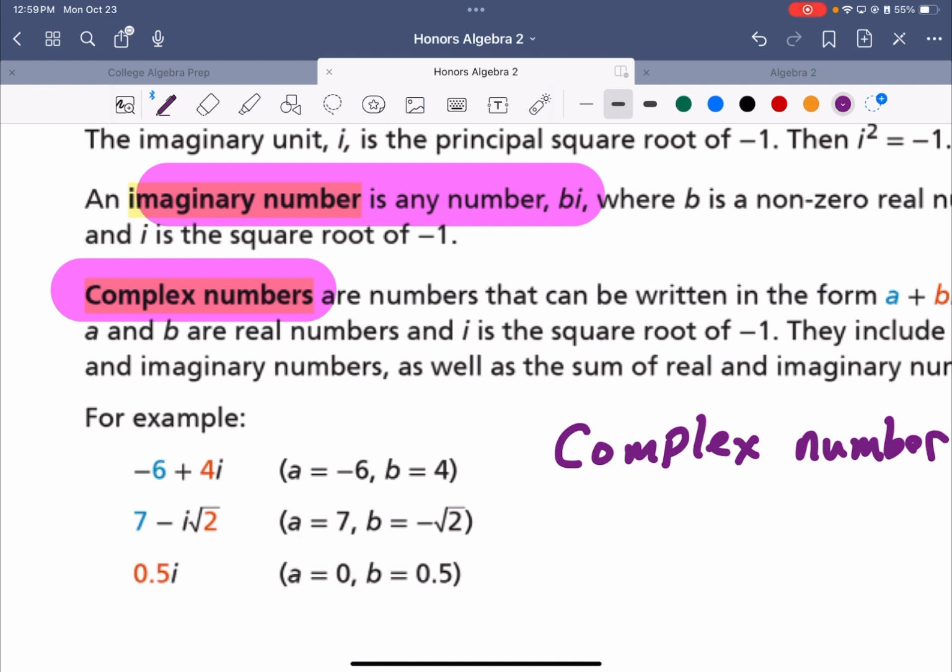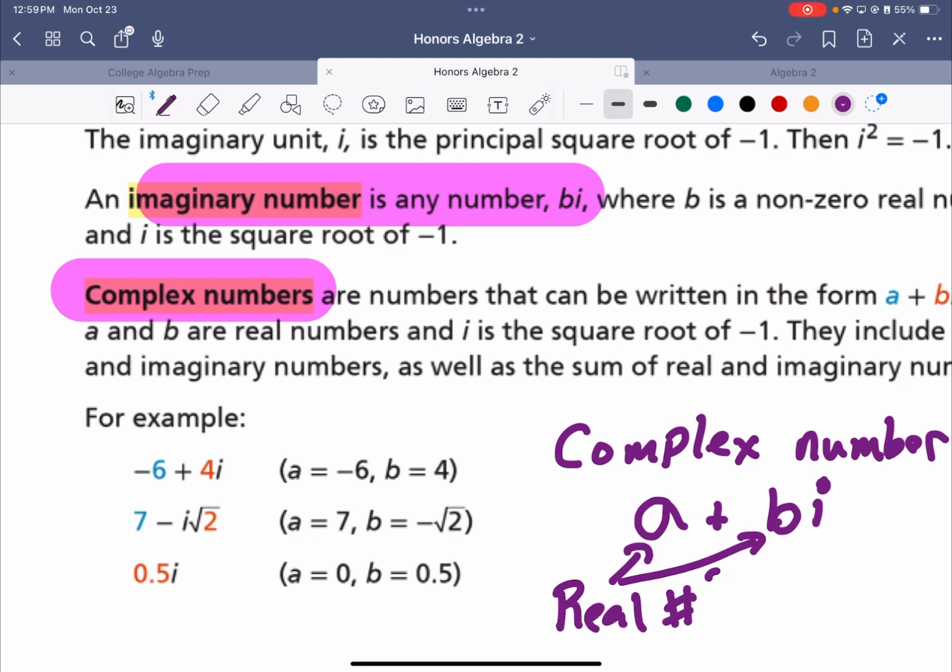and it says it up in there, a complex number is anything that's in the form a plus bi, where a and b are real numbers, and the i is your imaginary unit. So a and b are real numbers, so that a is always just going to be a real number.